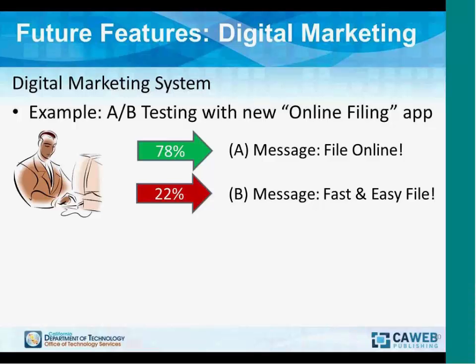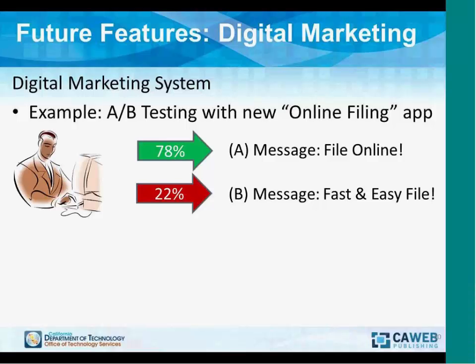Now, further, what we can do with the digital marketing is that it has the ability by behavior to profile people that are coming to your website. This particular type of person is a business user, someone who comes to my website often, and maybe even is an agent for other businesses and files for them online.